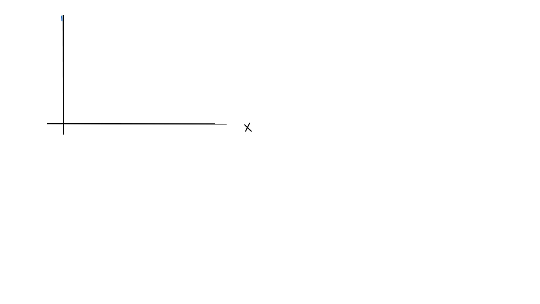X and Y axis. What I'm doing here is the figure 1a in the book, where they're doing the left endpoint approximation. I'm trying to show you basically how that works.